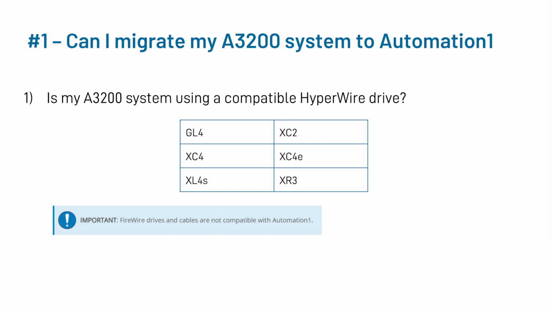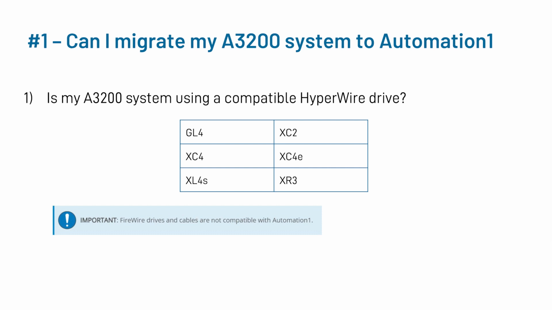A3200 primarily used the FireWire communication bus, so a bulk of A3200 products, including the various end drive products and end pack controllers, will not be able to migrate to Automation 1. The list of drives that can migrate to Automation 1 include the GL4, XC2, XC4, XC4E, XL4S, and XR3 drives. If you are using these hyperwire drives, then you will be able to migrate them to Automation 1.